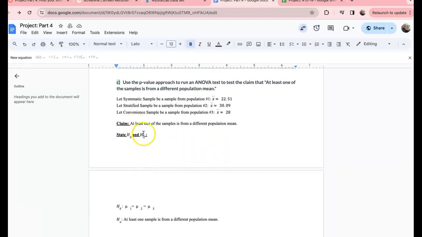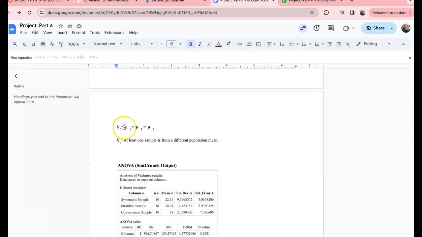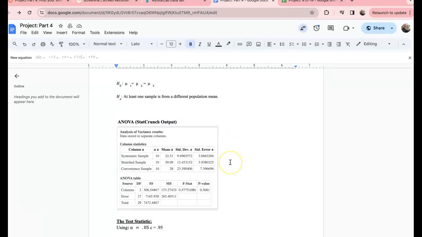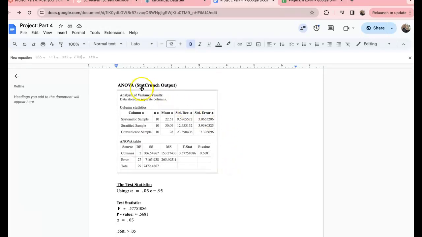Here we state H0 and HA. So that shows you that mean from population 1 equal to mean from population 2 equal to mean from population 3. That was our H0. Our HA is the claim, which is again at least one sample is from a different population mean. Here we have our ANOVA StatCrunch output.